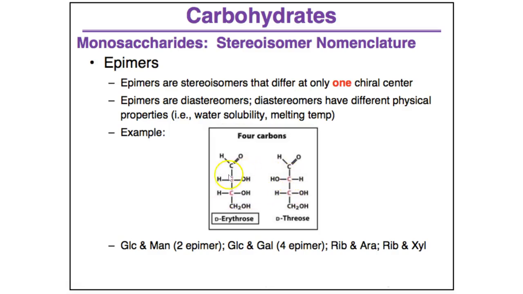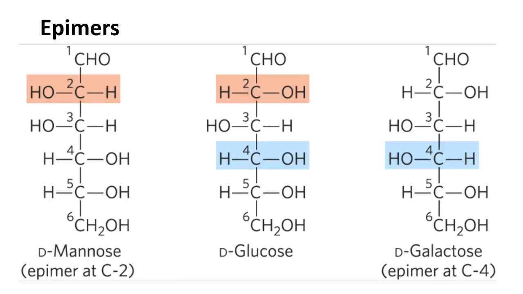But right here, this is where things change between these two different carbohydrates that are compared with each other. And then right here with the aldehyde, that is exactly the same. So only one chiral center is different. And that is what is defined as an epimer.